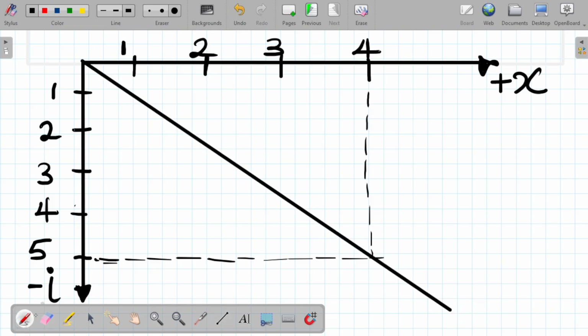So this is the line, and this line is called R. Remember that R is the modulus of the complex number. And then there is an angle here. This angle is called theta. So this is how we draw an Argand diagram.